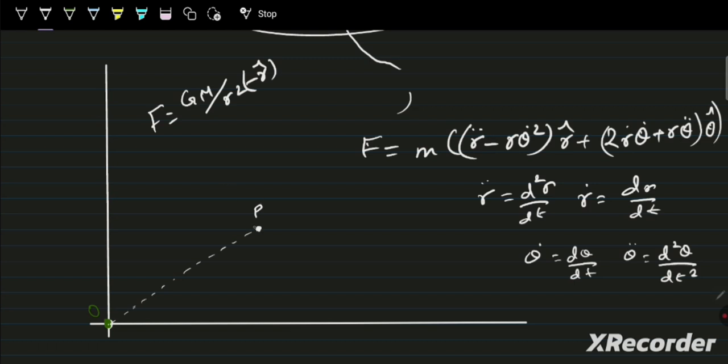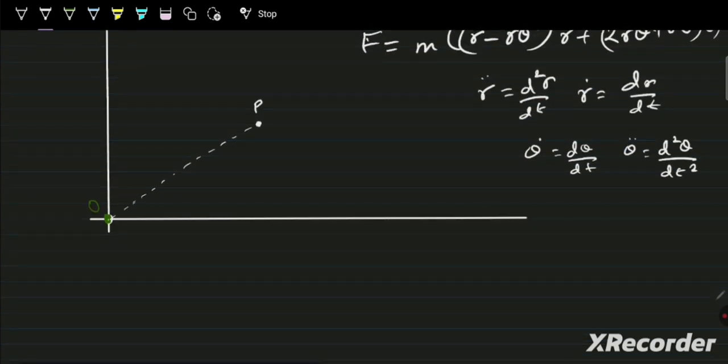Suppose the planet initially has some angular momentum L. Now I define L by m as h, which is angular momentum per unit mass, which can be written as r square theta dot. Because it's conserved, this h is a constant.